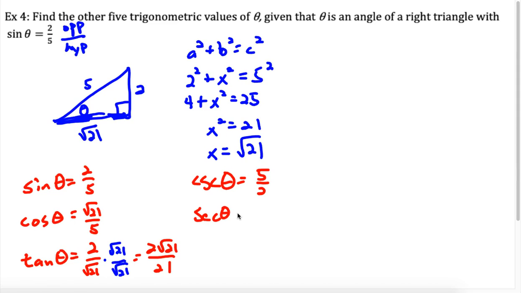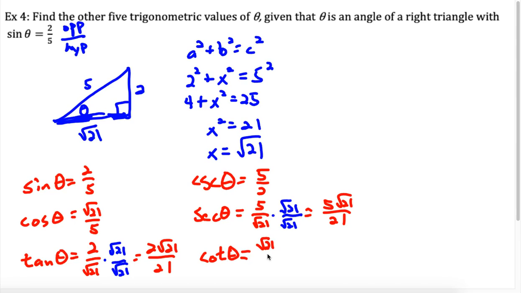Secant is going to be 5 over the square root of 21, which we need to rationalize. So multiply top and bottom by the square root of 21. And we'll just end up with 5 square root of 21 over 21. And finally, cotangent. Let's take the reciprocal of this first version so we don't have to do any more work. We get the square root of 21 over 2.